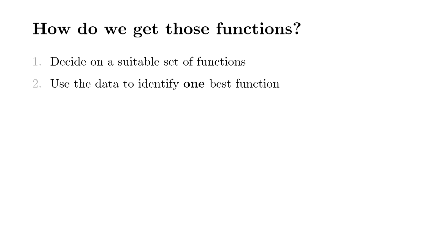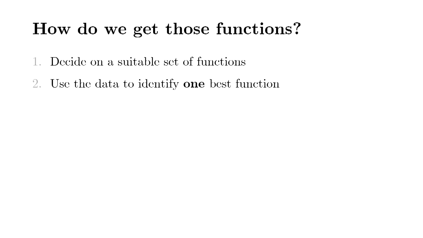Okay, so how do we get these nice functions? Simplifying it a little bit, it's two steps. As an analyst, I'm going to define a set of suitable functions, and we will talk about what suitable functions are in a second. And I'm going to try to identify, using my data, which function out of this suitable set best fits my data.